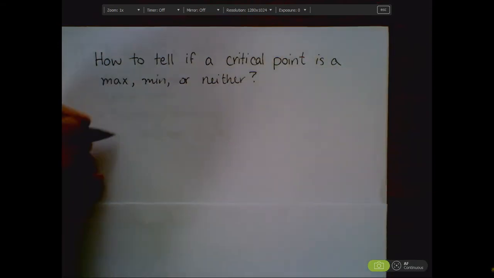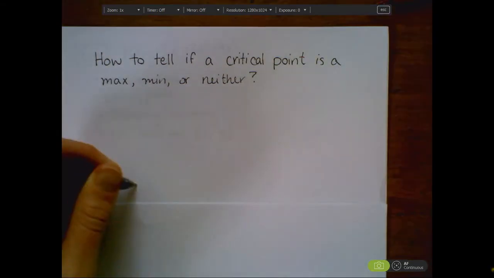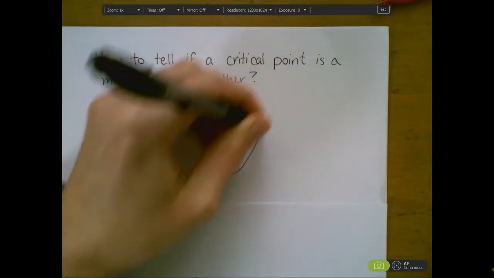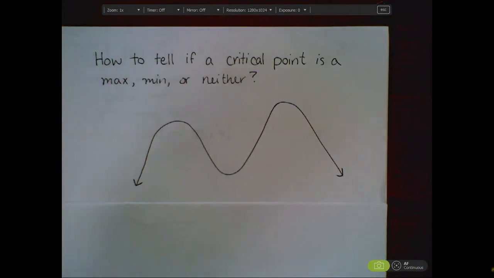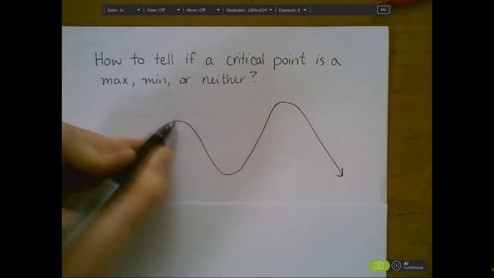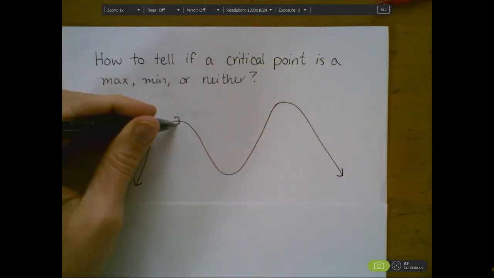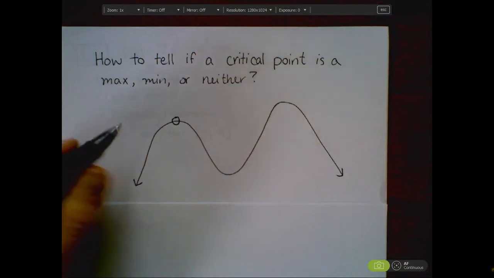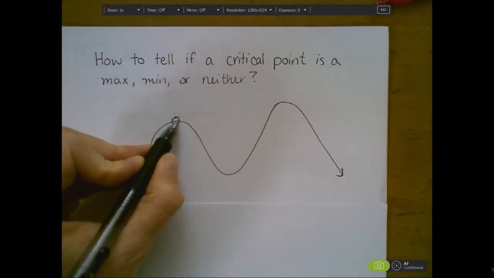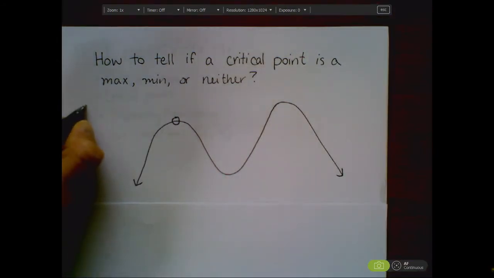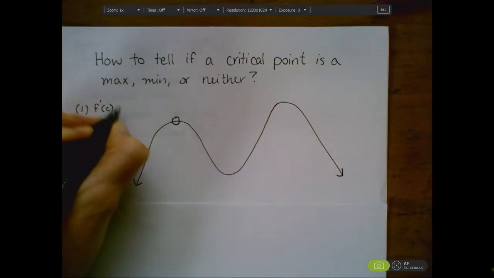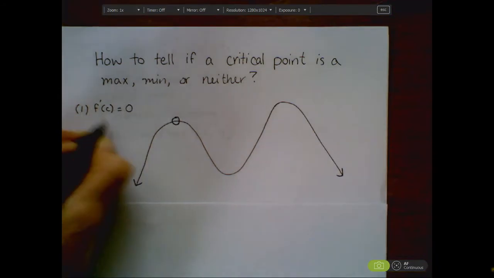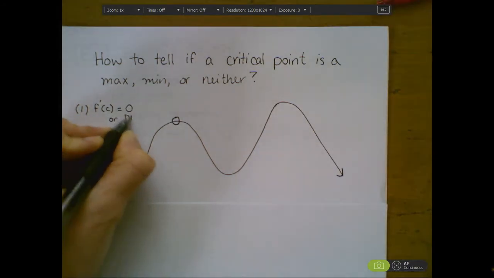So here's a function. How can I tell whether this critical point right here is a local max or a local min? The first thing that we did is we saw that the derivative, so here's one thing that we know: f prime at that point is equal to 0 or does not exist.